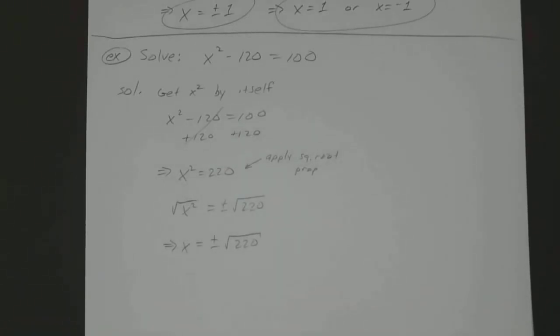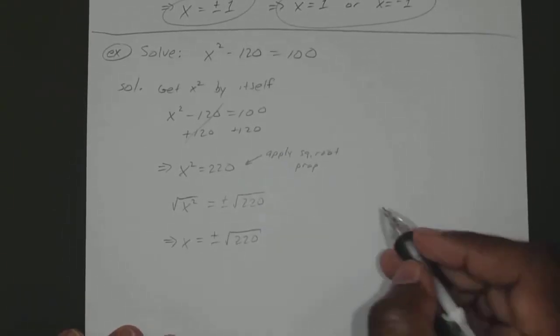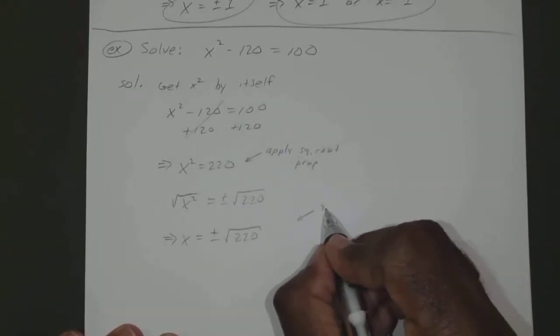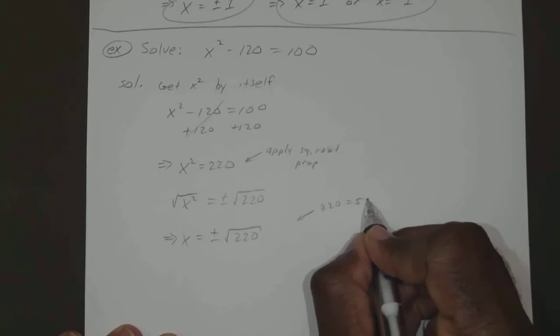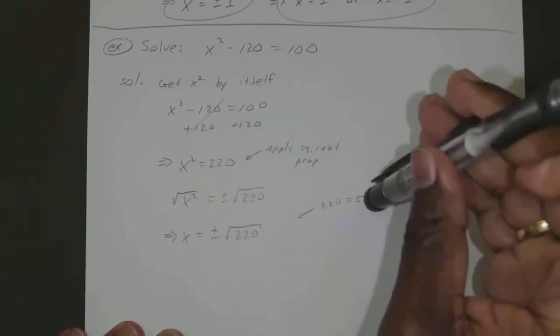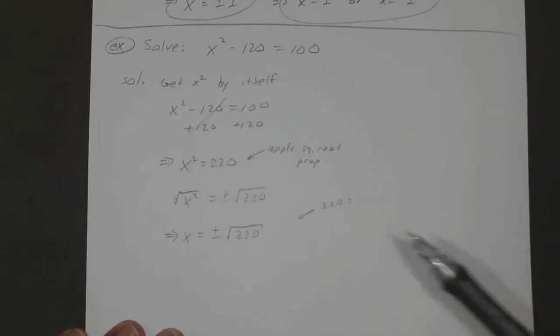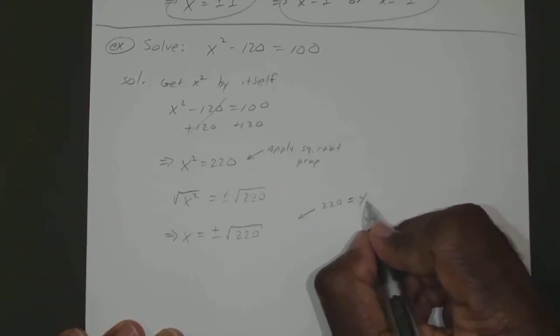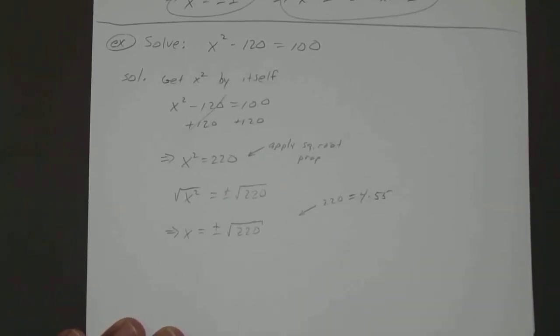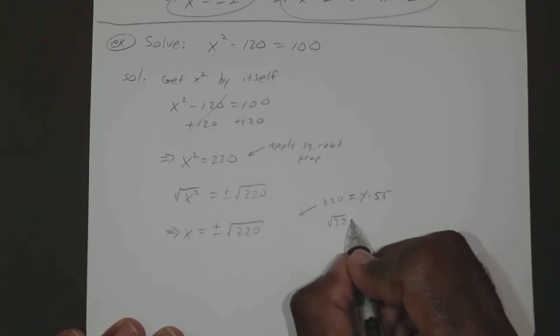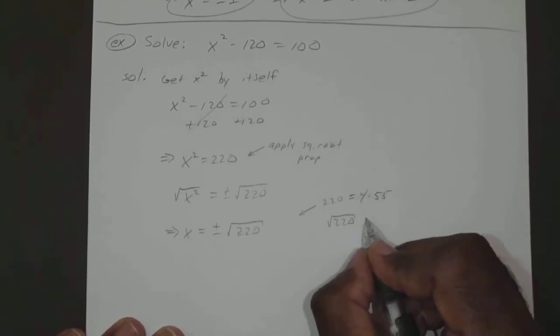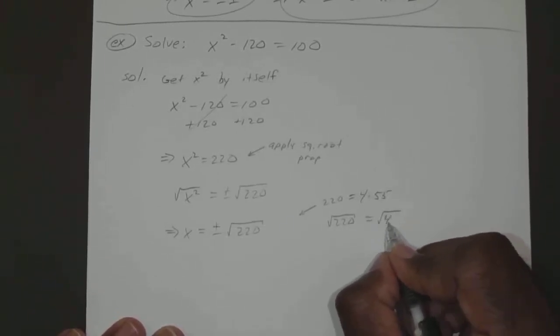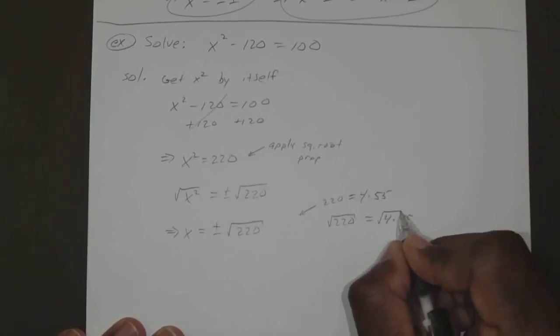But since 220 is 4 times 55, that means the square root of 220 is equal to the square root of 4 times 55.